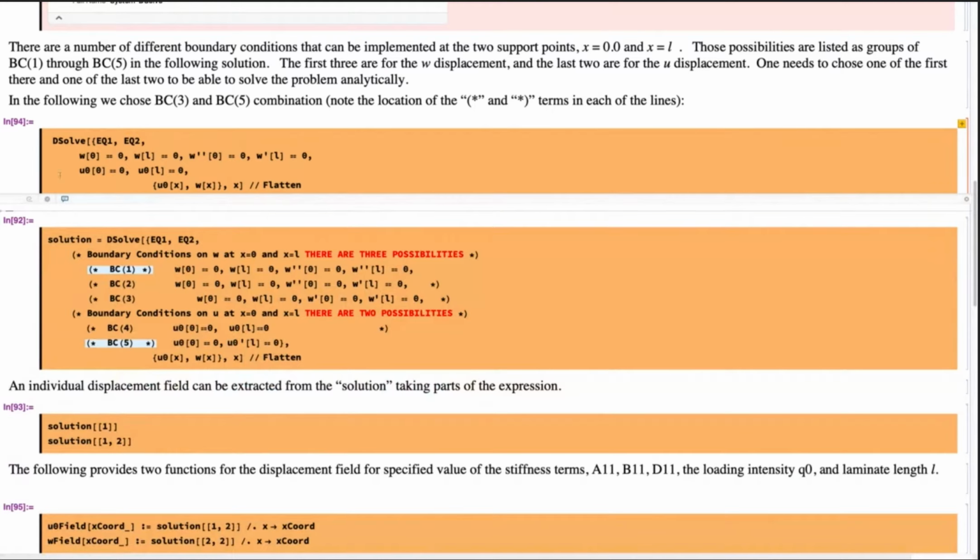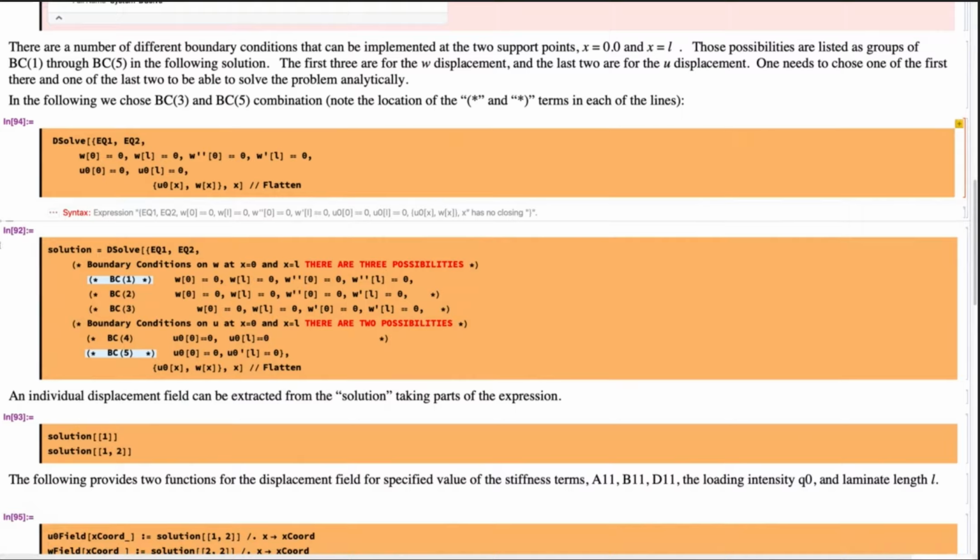It didn't solve. I must have forgotten something. Syntax error: expression X has no closing curly bracket. Where did I lose a curly bracket?